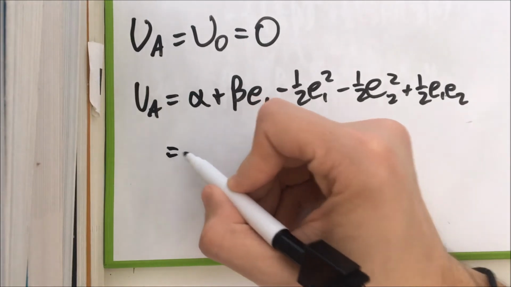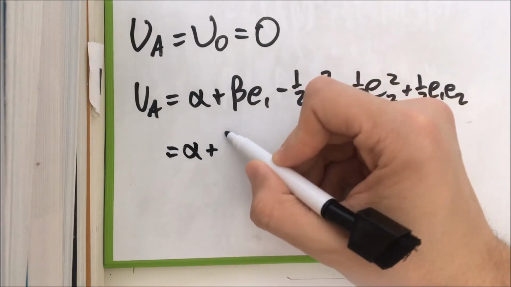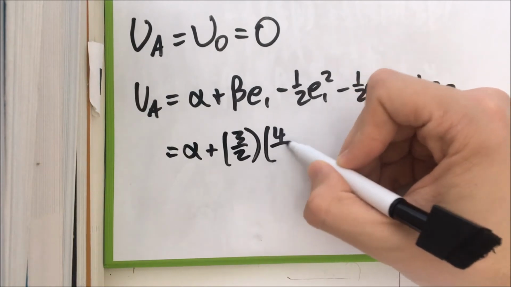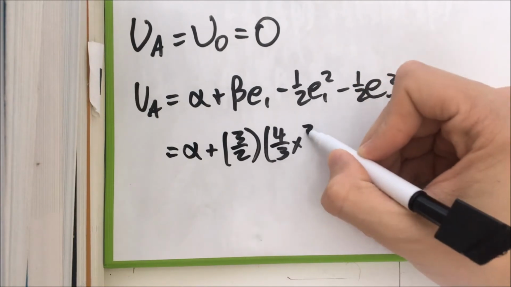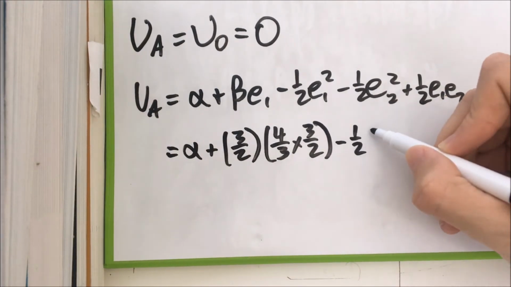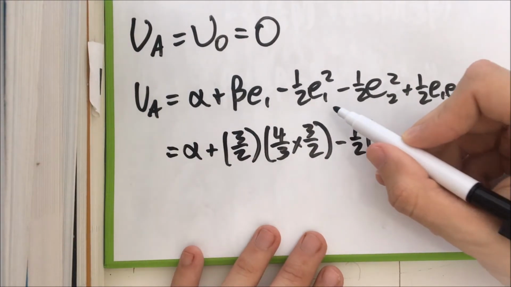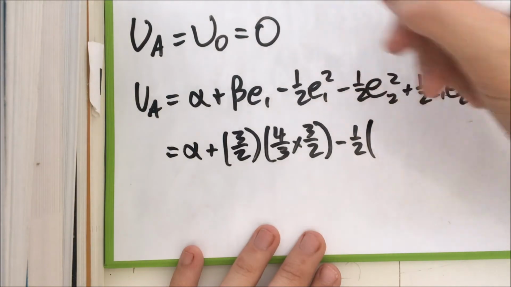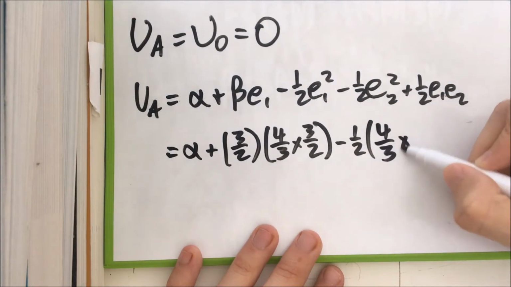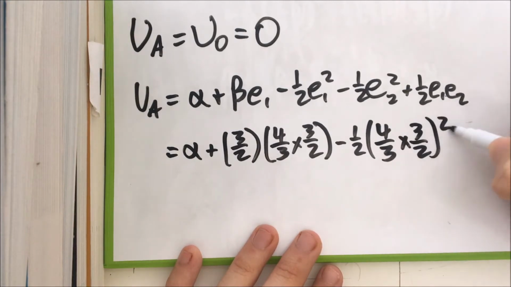So it's going to become alpha plus beta star, which was 3 on 2, times E1, which was 4 on 3 beta, where beta is 3 on 2, minus half times E1, which was 4 on 3 beta, so 4 on 3 times 3 on 2, squared.